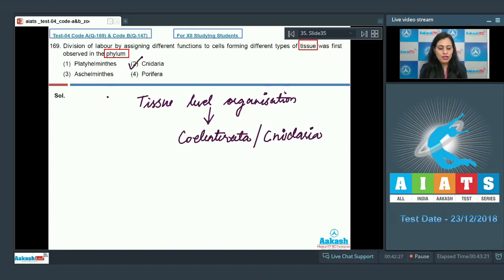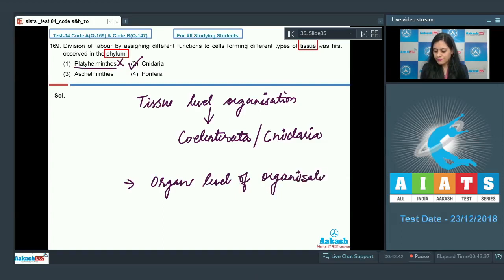Let's discuss the other options also. The very first phylum given is Platyhelminthes, and this is an incorrect option because Platyhelminthes have an organ level of organization. The next option given is Aschelminthes, and this is also incorrect.